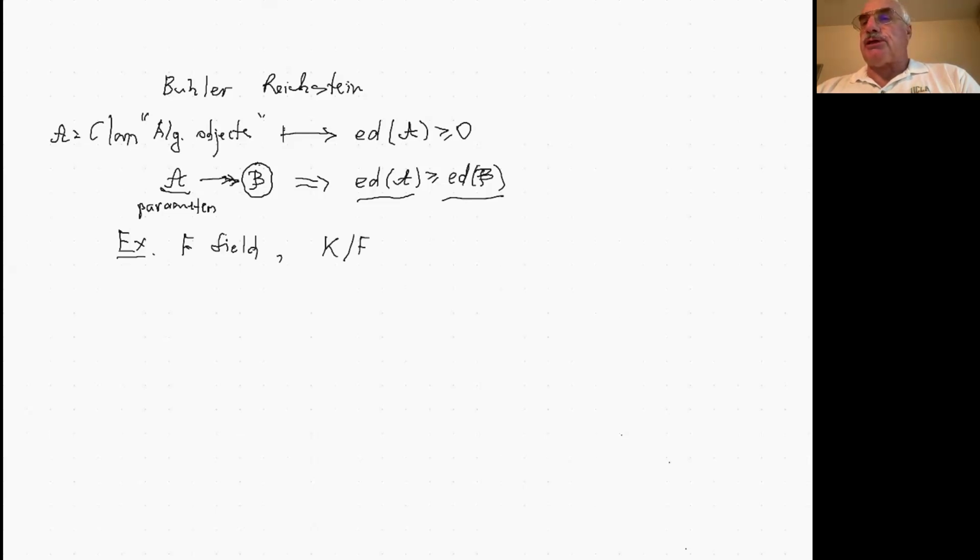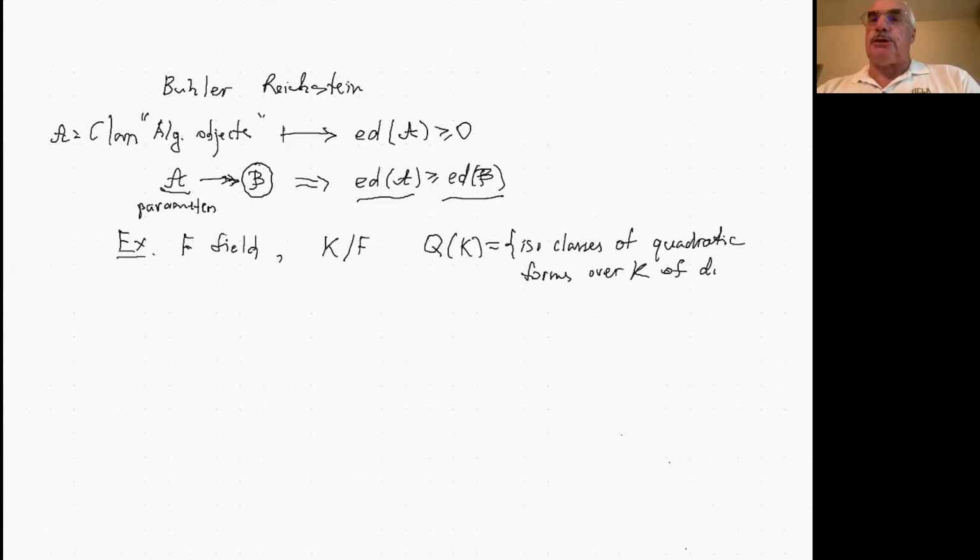Q of K is the set of isomorphism classes of quadratic forms over K of dimension some fixed number n, which should also be a given integer.